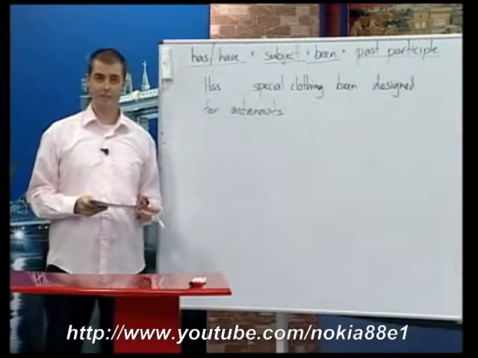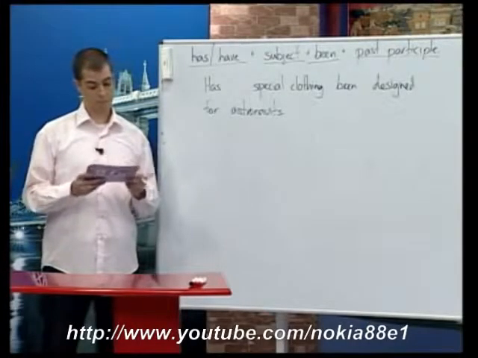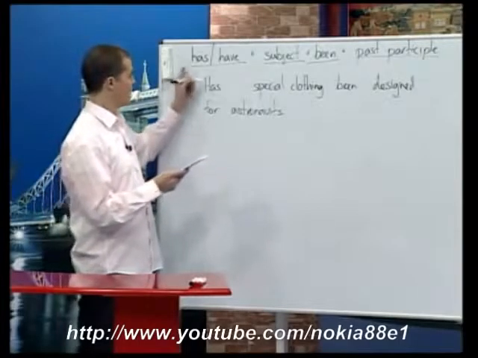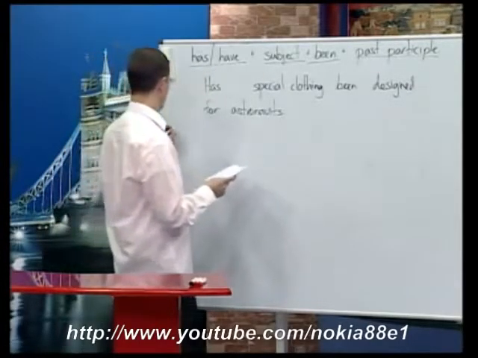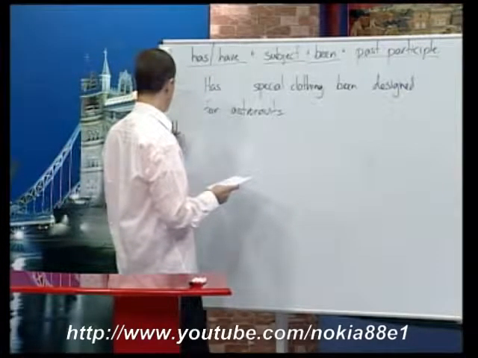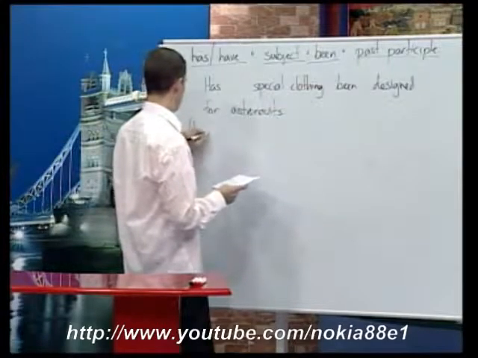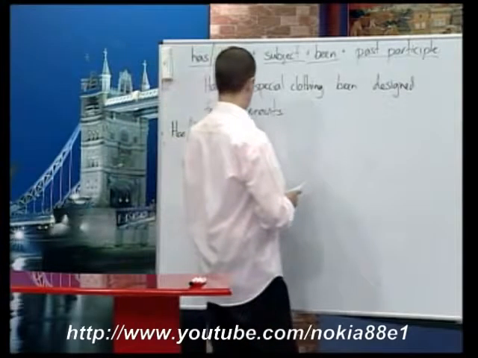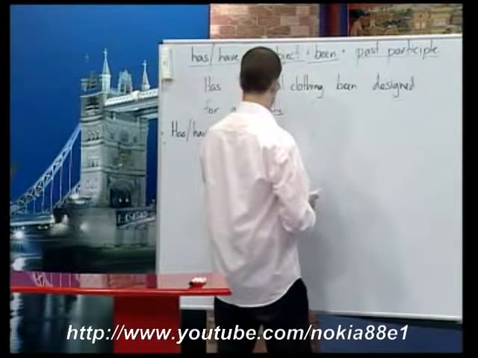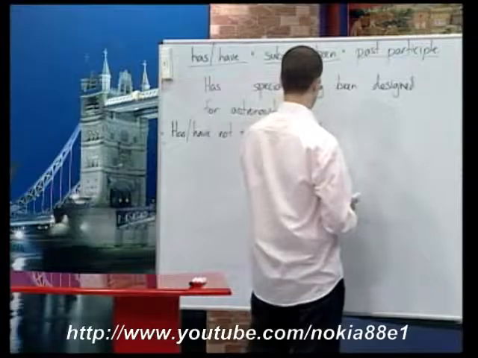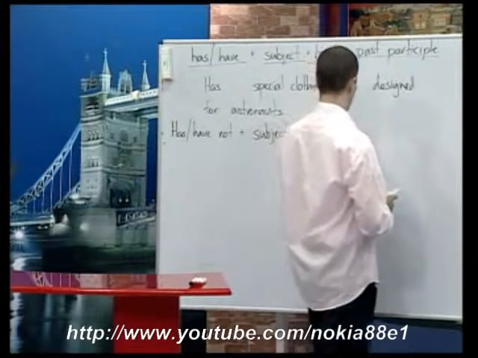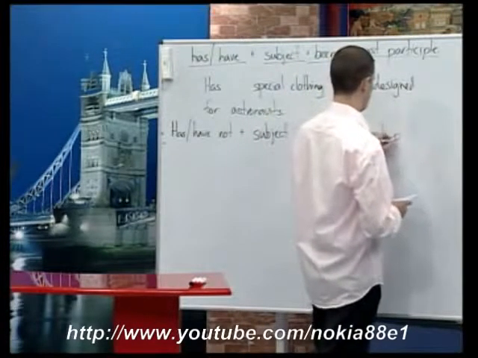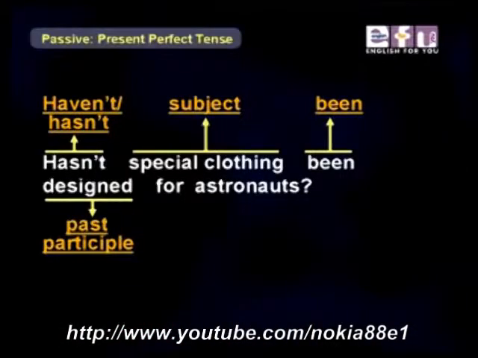And to form a negative yes-no question, we just use has or have not. So has or have not plus subject plus been plus past participle. Okay. Hasn't, subject special clothing.